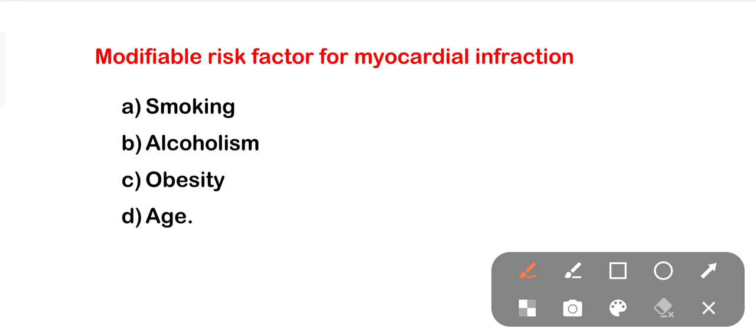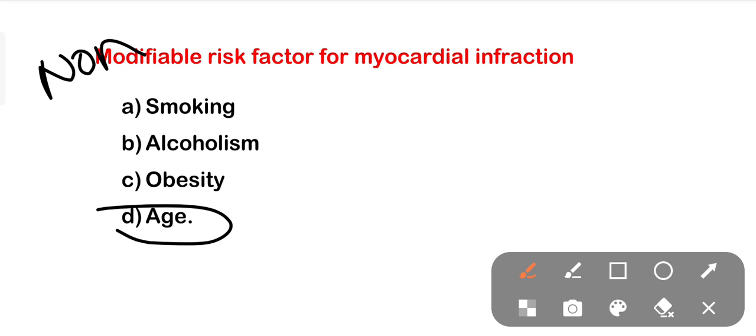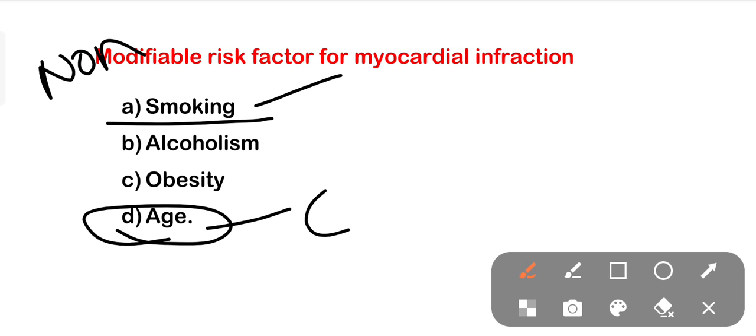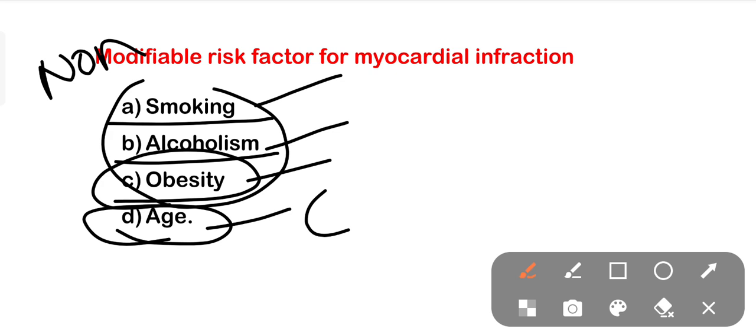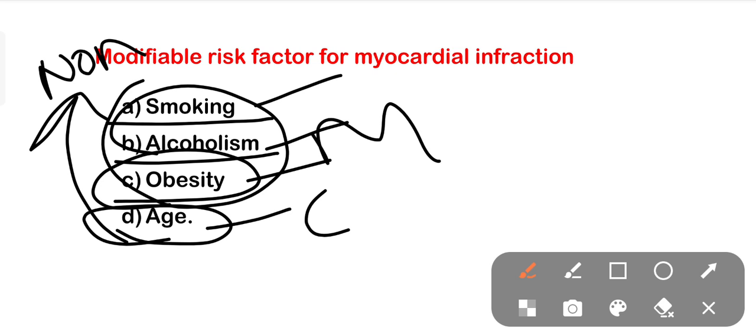The non-modifiable risk factor for myocardial infarction is age. Age we cannot change, but smoking can be prevented, alcoholism can be controlled, obesity can be prevented. So these are the modifiable risk factors, and this is the non-modifiable risk factor.